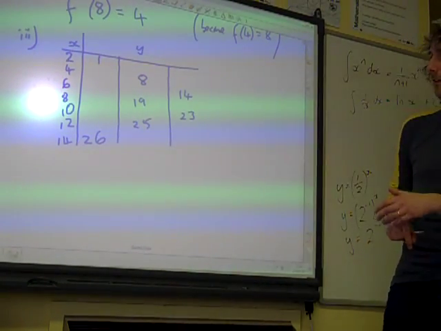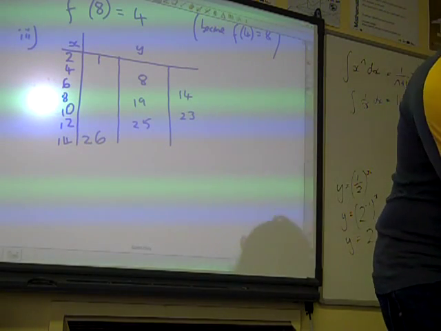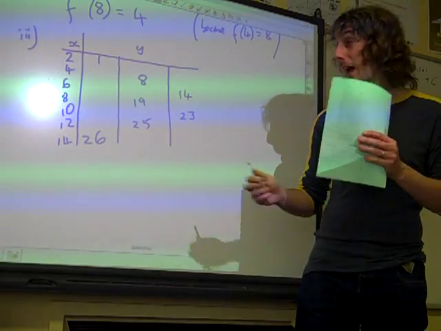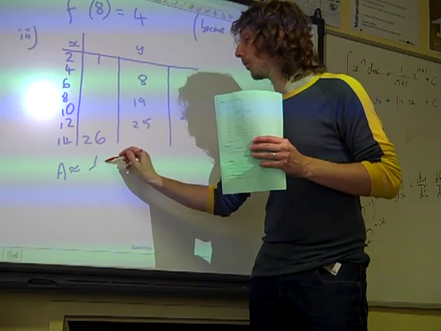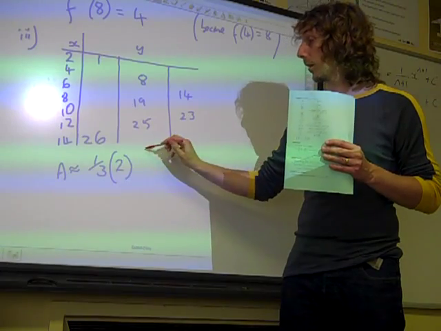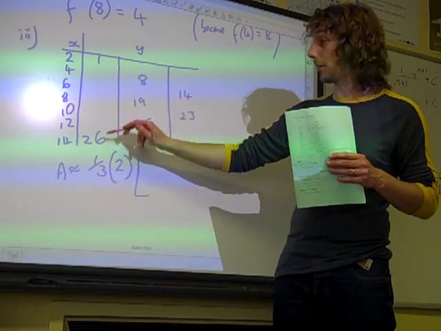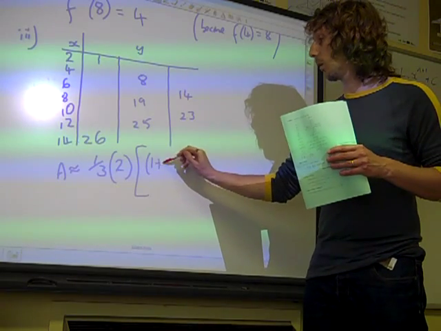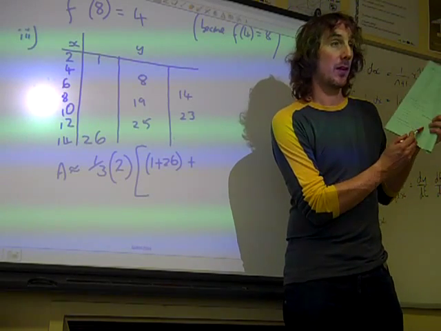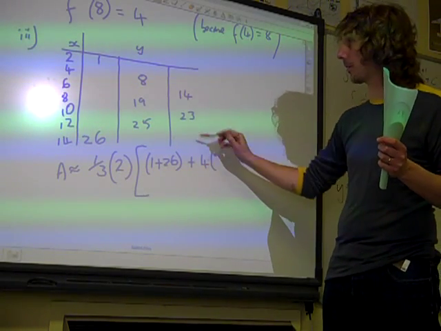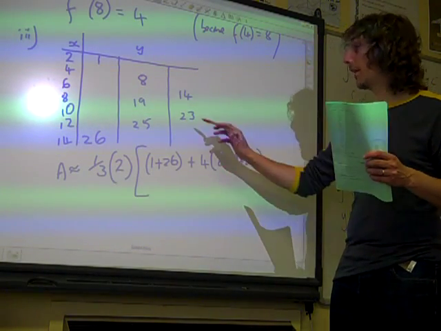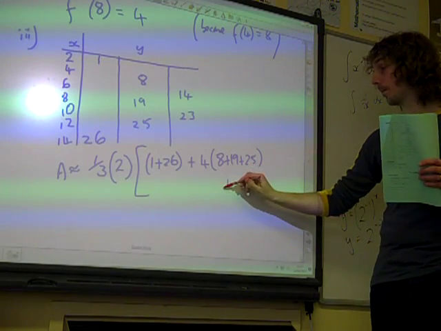What that means is you can go straight to the formula booklet, and it's there for you underneath the trapezium rule. 1/3 of h. h is the difference between any 2 values here, so it's 2. Then it's the first and the last added together, 1 plus 26. And then 4 times the next set of values, so 4 times 8 plus 19 plus 25. And then twice the ones in the final column.